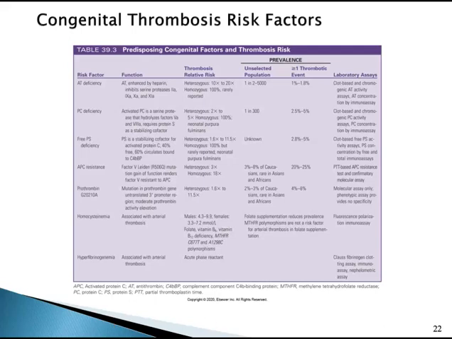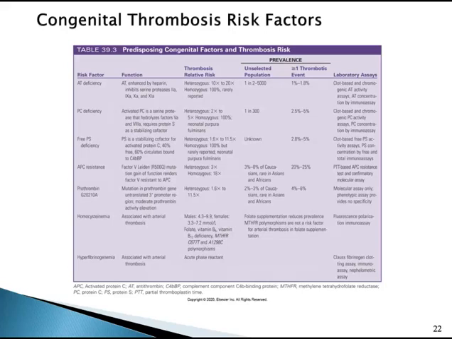Okay, so with that said, now I want to talk about some congenital thrombosis risk factors. And some of these are diseases, okay? So there are some congenital thrombophilic disorders that predispose a patient to thrombosis.